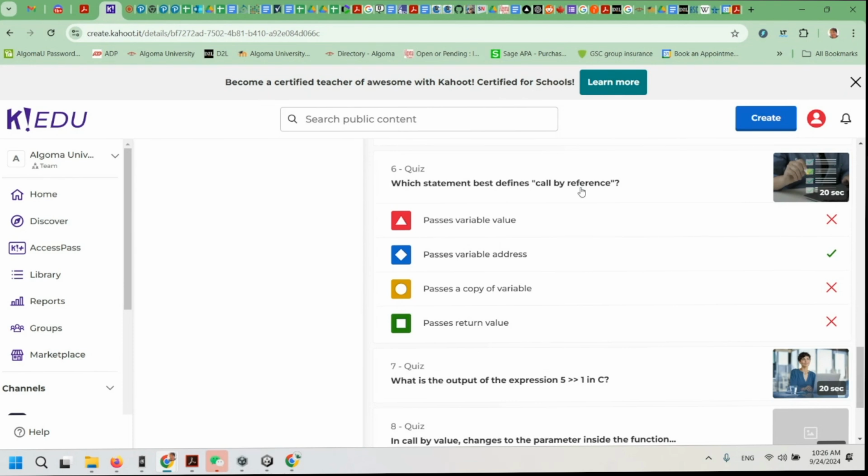That means we're still pointing at the same memory. We're only passing the address. If it's not an array and it's called by value, that means we actually make a copy of this value. Any modification on top of that will not affect the original one. Yeah, only for arrays.